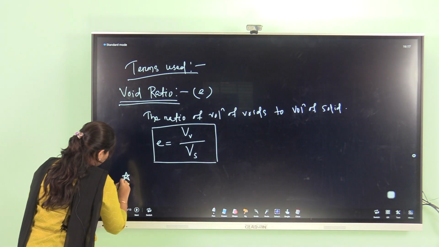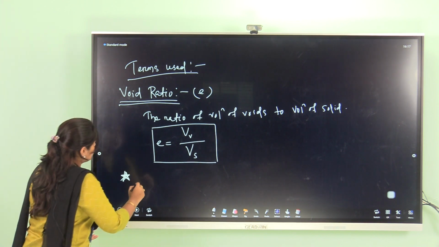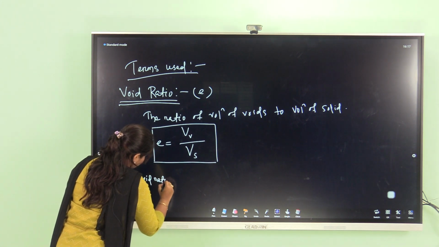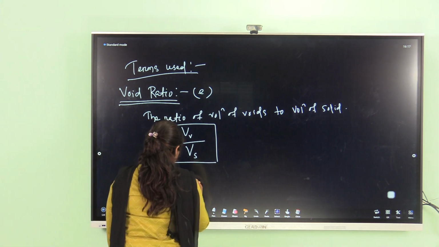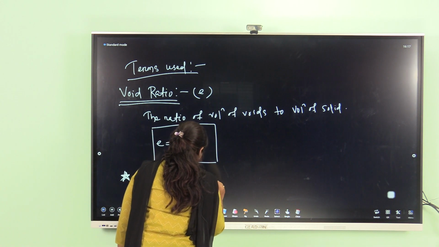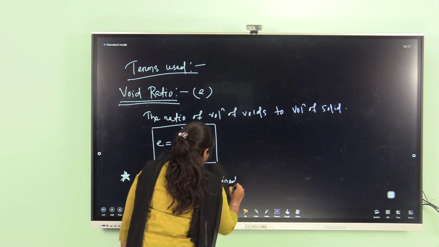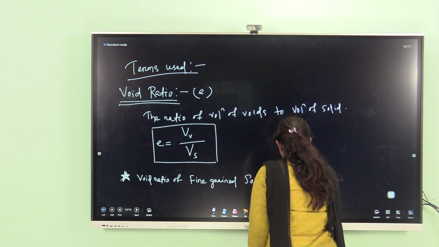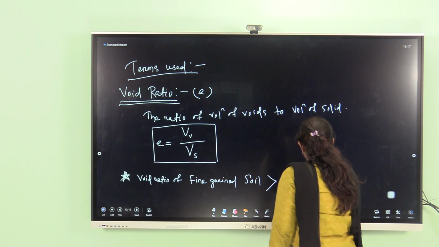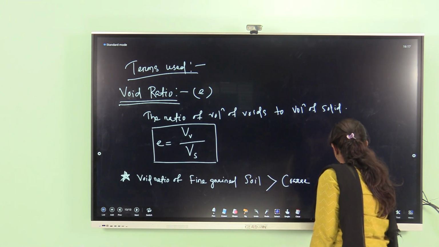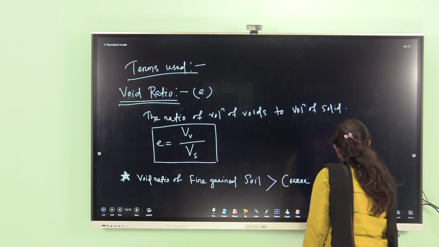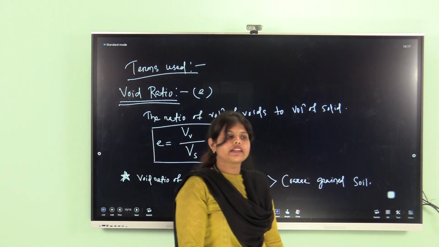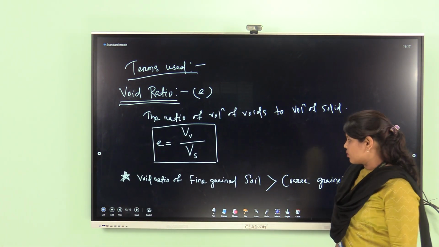We can write it with a star mark that void ratio of fine grained soil is always more than coarse grained soil. Now, you have one question: what is fine grained soil and coarse grained soil?